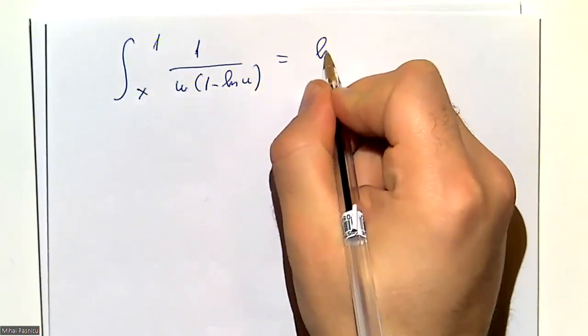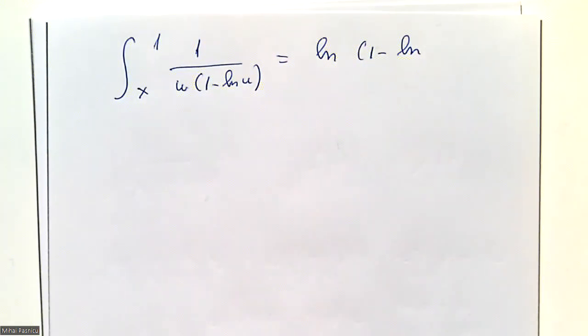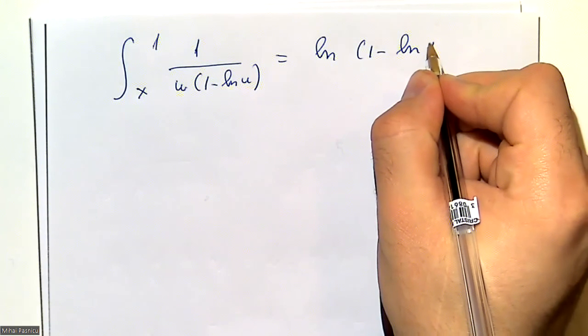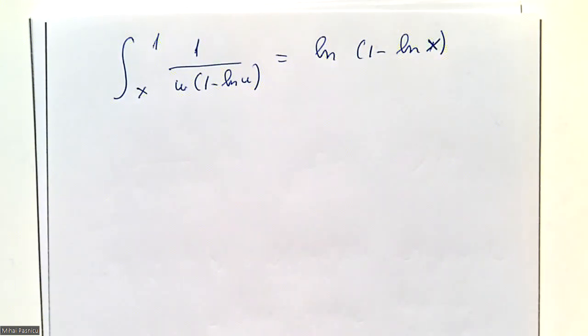This is equal to ln of 1 minus ln of x, sorry. And the question I got here is, this is a definite integral. How do I know, because I replaced immediately there. I just said this is the antiderivative, like it was an indefinite one. How do I know that I can just do that?